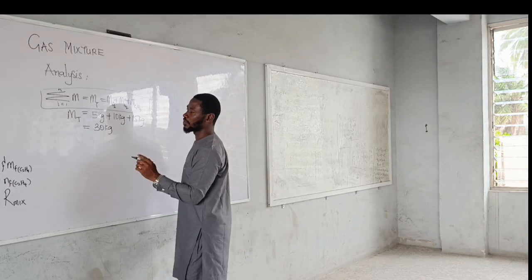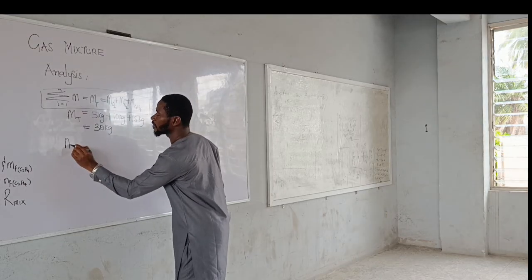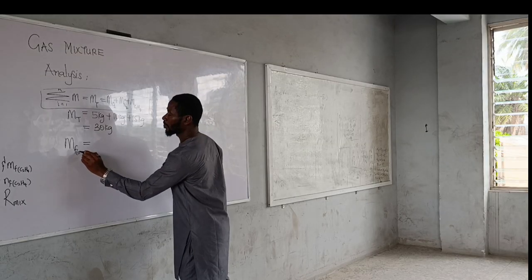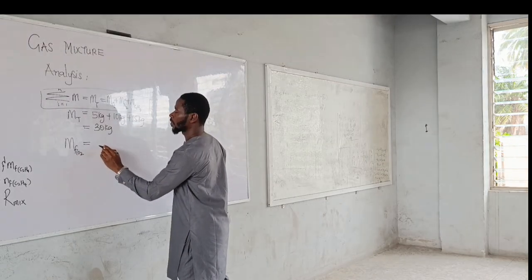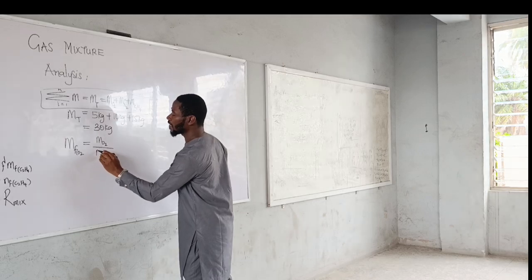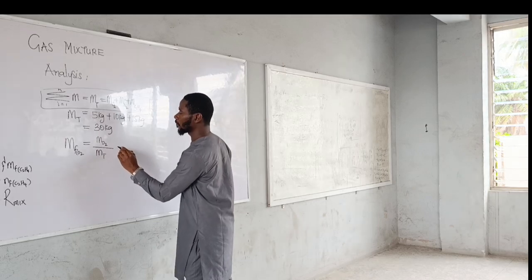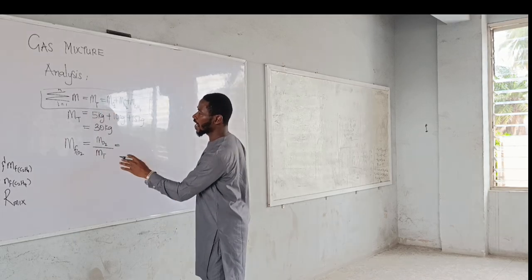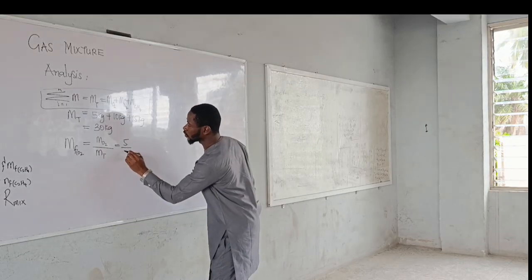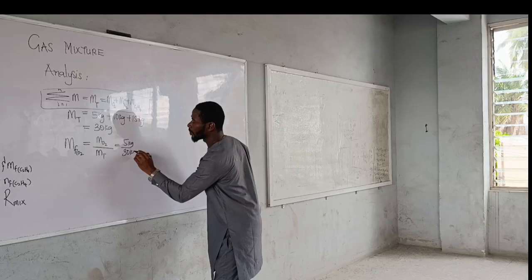Now for oxygen, the mass fraction of oxygen is defined as the mass of oxygen divided by the total mass of the mixture. In our values, we have mass of oxygen to be 5 and that of the total mixture should be what? 30 kilograms.